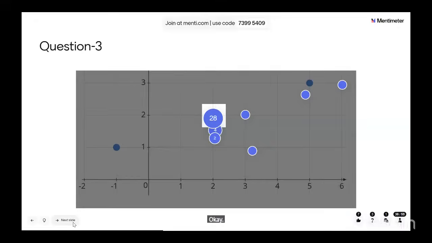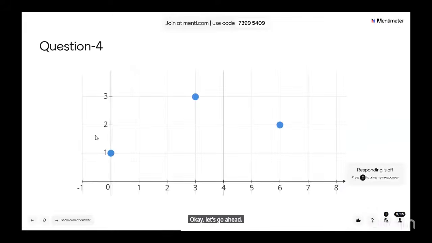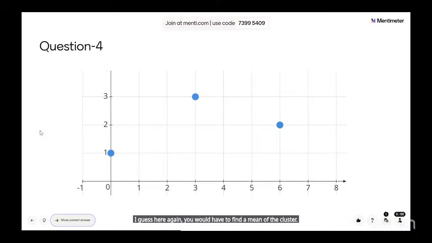Okay, let's go ahead. Now this is your question 4. I guess here again, you'd have to find the mean of the cluster. And just mark the point on the graph.